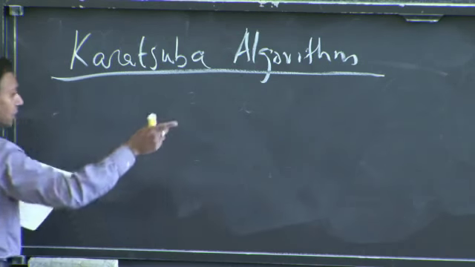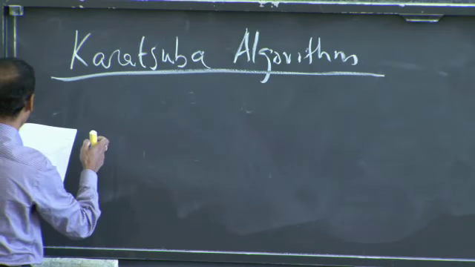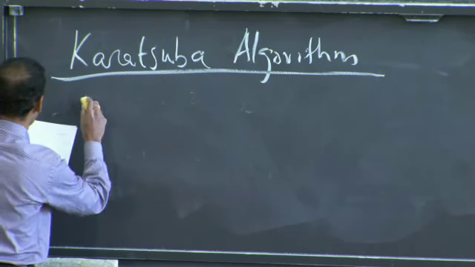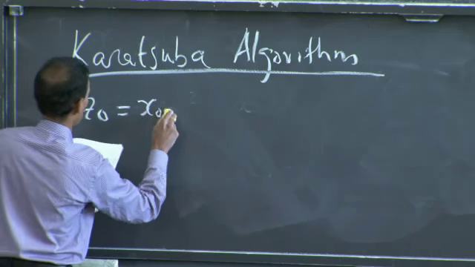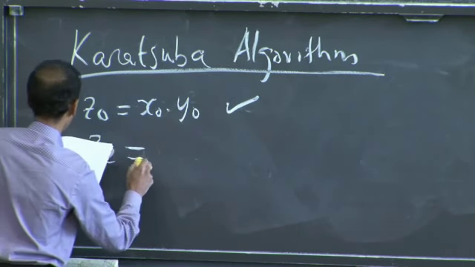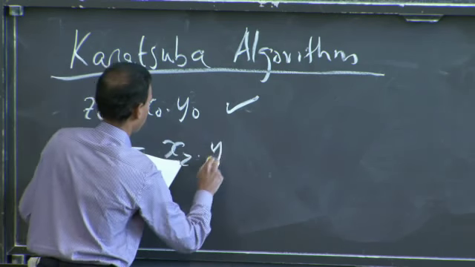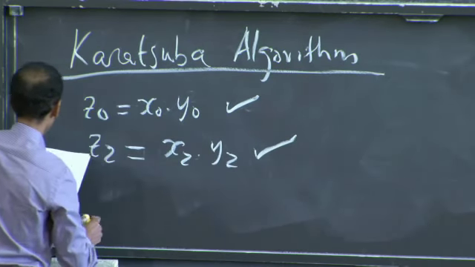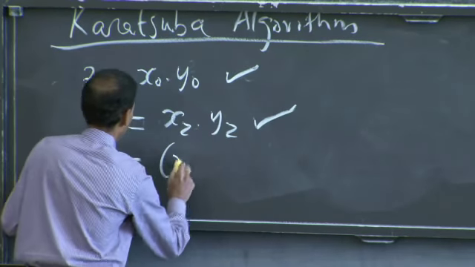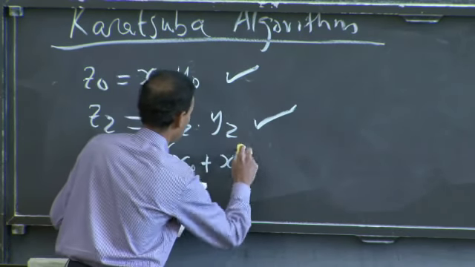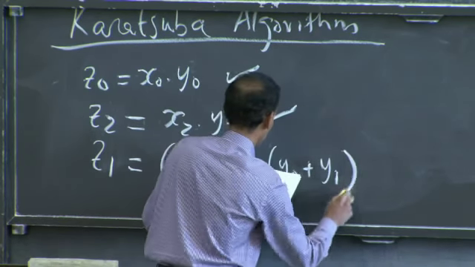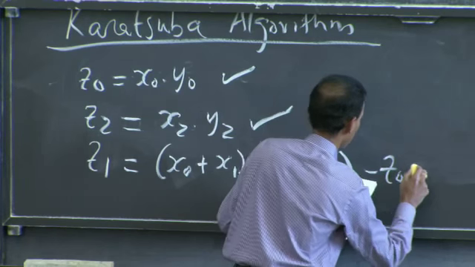Using the z's that I have out there, you essentially say, look, z0 equals x0 times y0, I'm going to go ahead and multiply. z2 equals x1 times y1, go ahead and do that. And now I'm going to write z1 as x0 plus x1 times y0 plus y1 minus z0 minus z2.